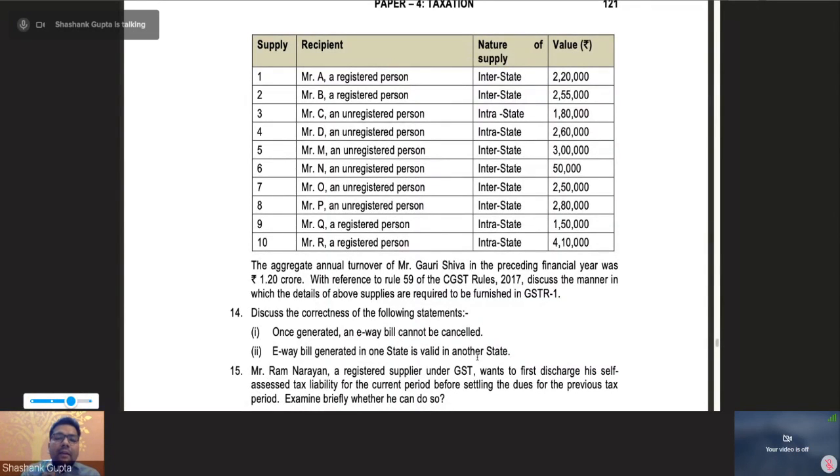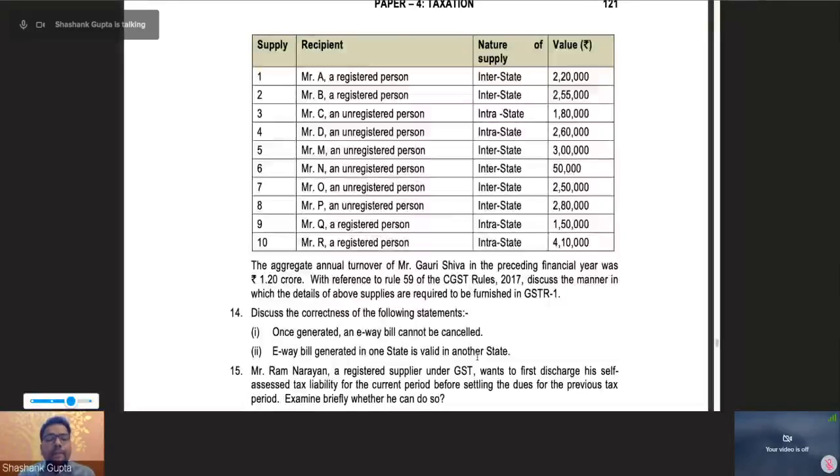Any supply to an unregistered person within the state, consolidated reporting, no invoice-wise reporting. Interstate supply up to 2,50,000, consolidated reporting. Interstate supply more than 2,50,000 in a particular invoice, again invoice-wise reporting.